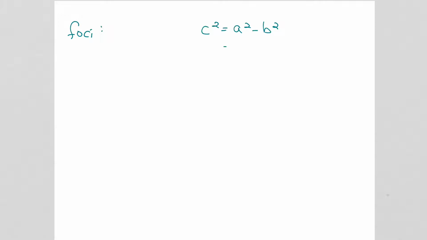So in this case, a squared was 9, b squared was 4. So c will be plus or minus the square root of 9 minus 4, which is the square root of 5, or approximately 2.24.